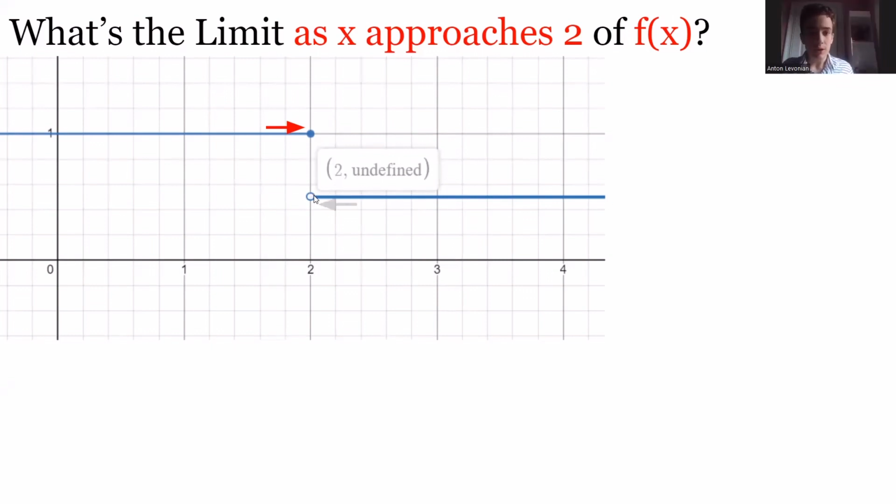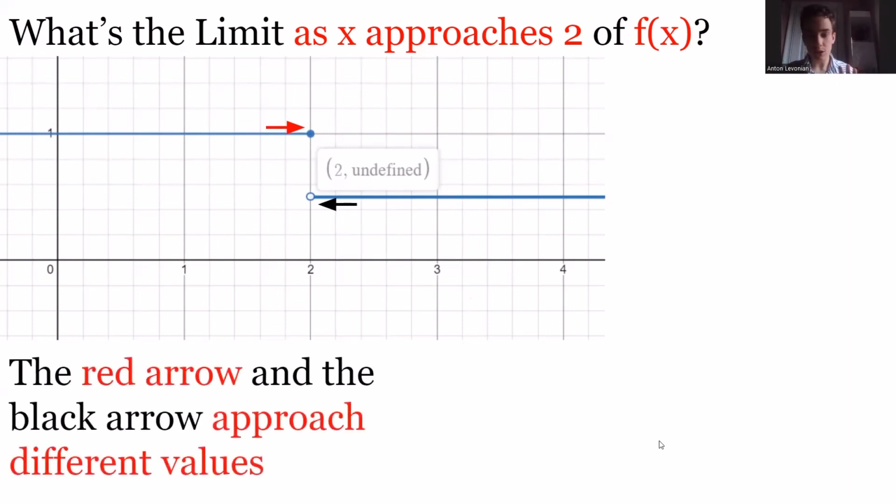But basically, from the left, this approaches 1. But from the right direction, this black arrow, it approaches a half. It doesn't approach one single value. So we just say that there is no limit. It simply does not exist at x equals 2. It exists at every other value of the function, just not at x equals 2.